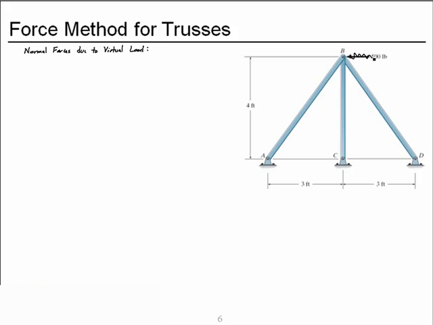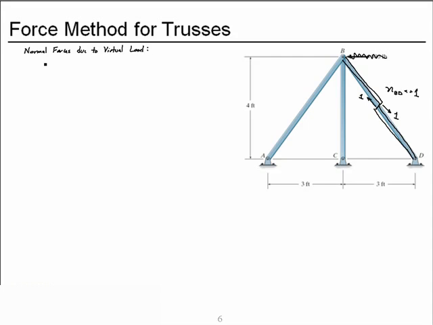So we don't have the applied 500 pounds, and remember this is of the primary structure, so this structure is cut at BD, and so we have this piece with a virtual force on it, and this piece with the other part of the virtual force applied. So the virtual normal force in member BD is a positive 1.